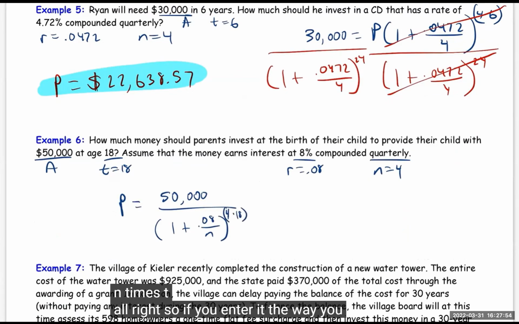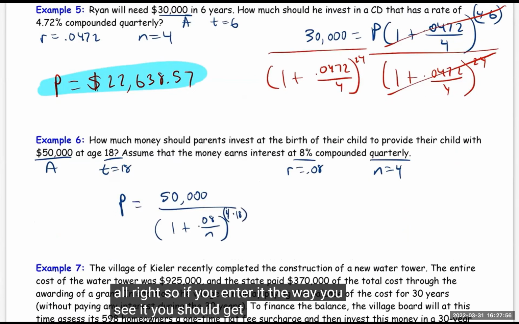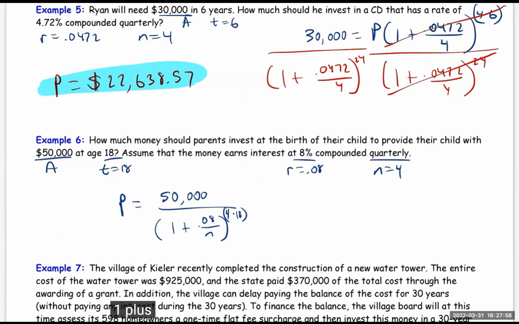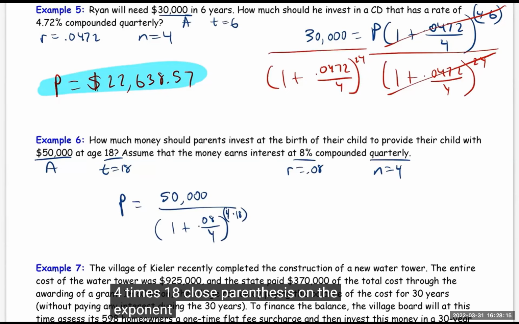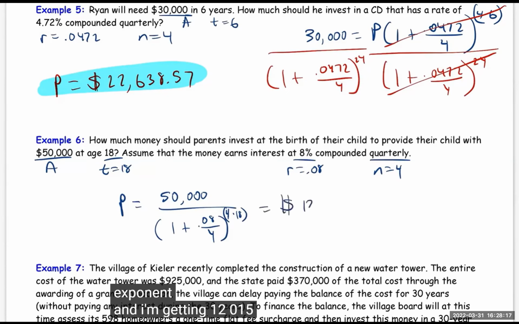So P is going to equal A divided by (1 plus R over N) to the N times T. All right, so if you enter it the way you see it, you should get 1 plus 0.08 divided by 4, whoops, the N is a 4, divided by 4, close parentheses, exponent, 4 times 18, close parentheses on the exponent, and I'm getting $12,015 and 94 cents.